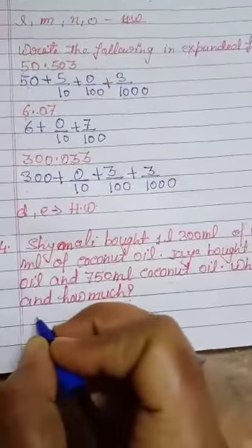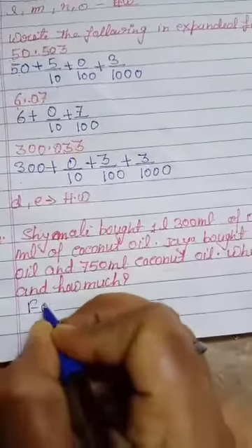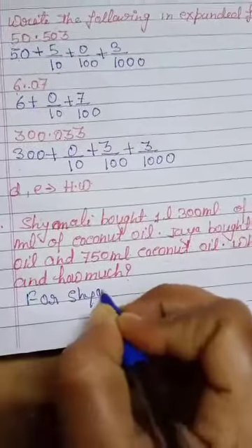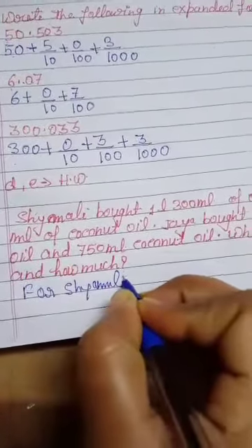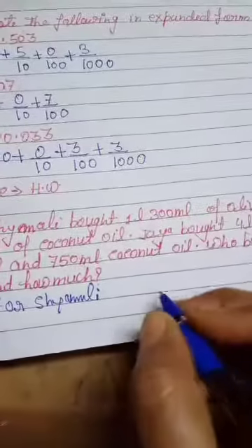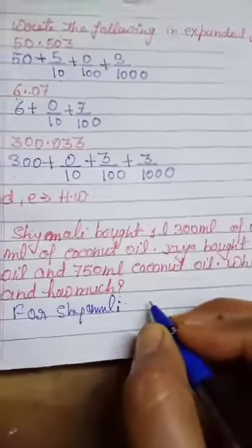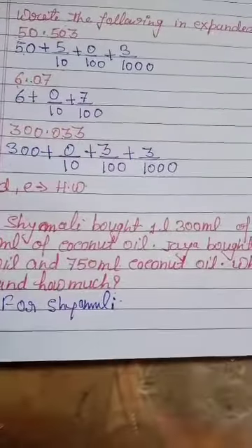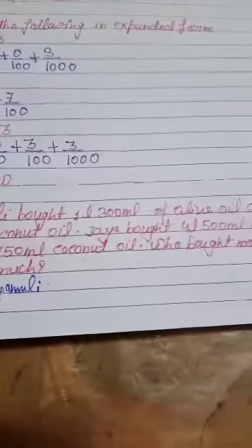How will we do it? First of all, we are doing the calculation for Shamli. Which oil has she bought first? Shamli bought 1 liter 300 ml of olive oil.